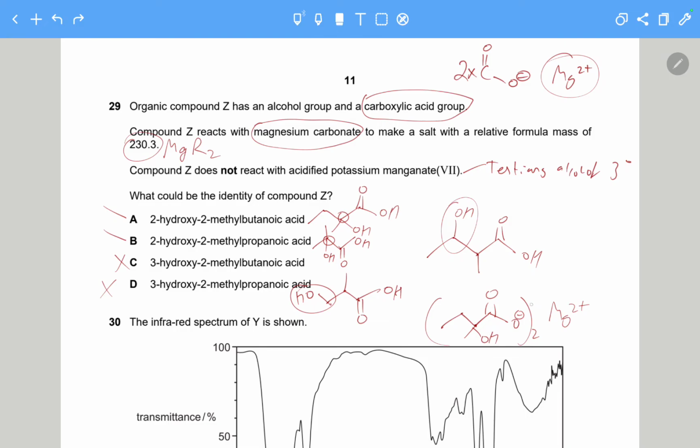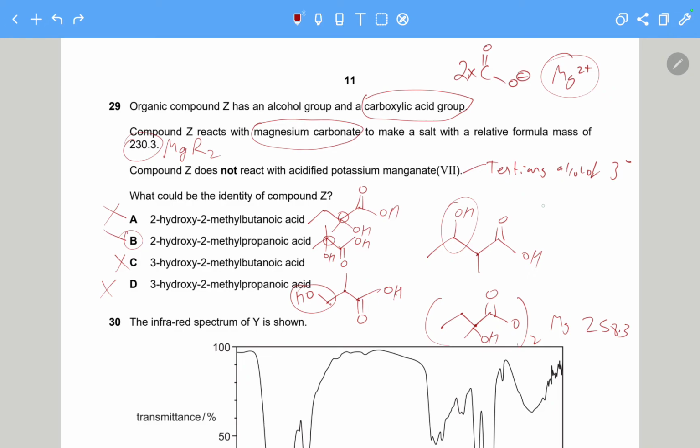So I'll actually write it as this, without the charge. And if we calculate the total mass of this, it will be 258.3. Just use the values of the Ar in the periodic table and calculate the total mass. 258.3, which is not what we want, so A cannot be the answer, which means B is the answer. But we'll cross check again.